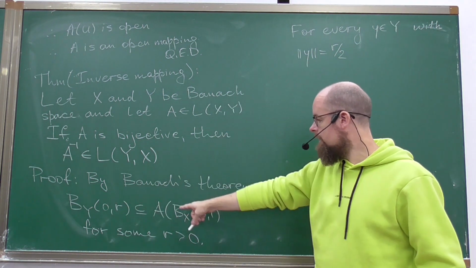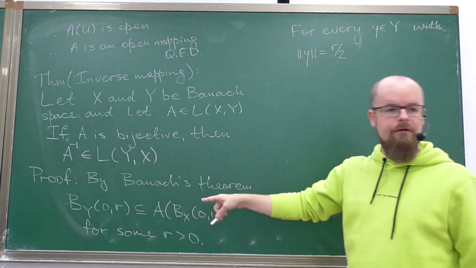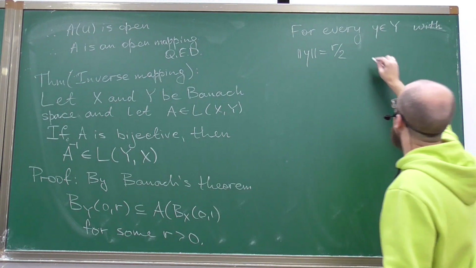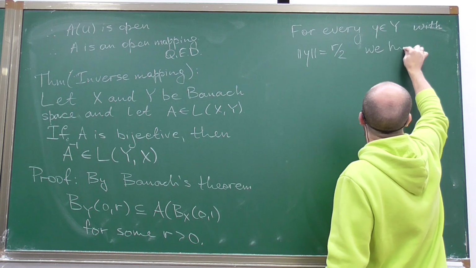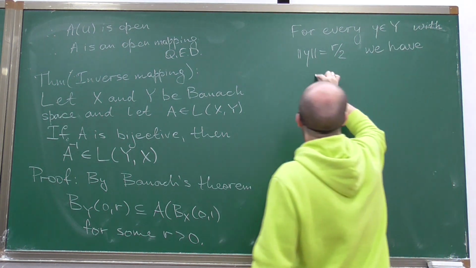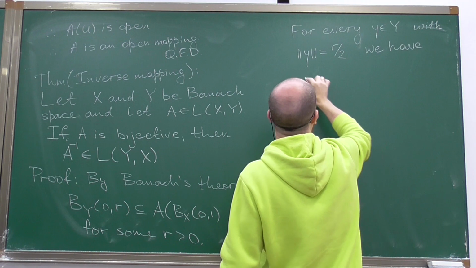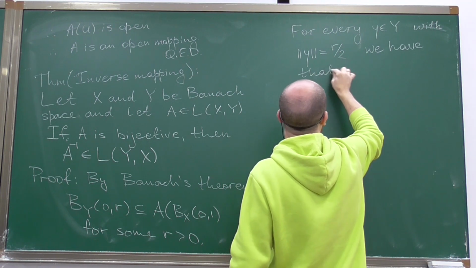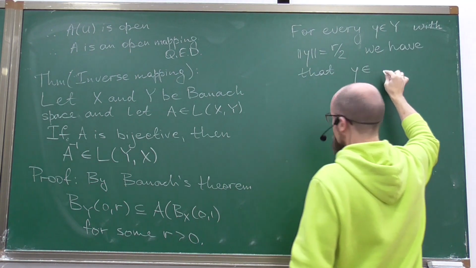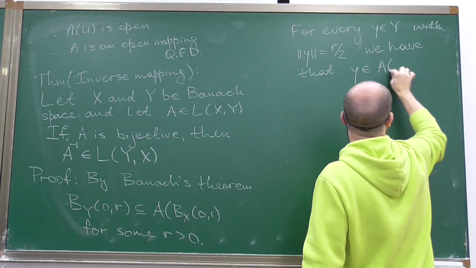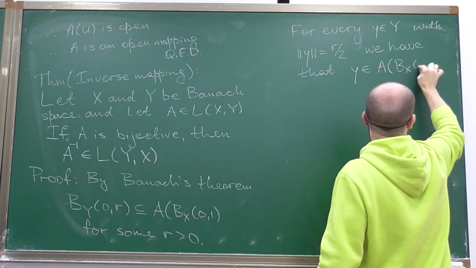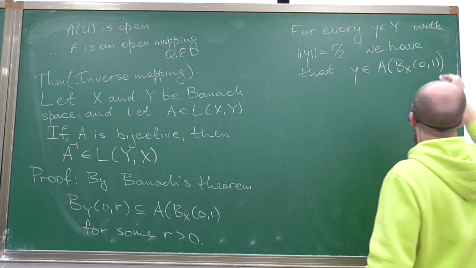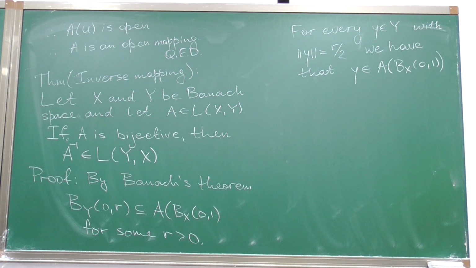And in particular, this y belongs to the image of the unit ball. Which means that there exists x from the unit ball such that y equals A of x.